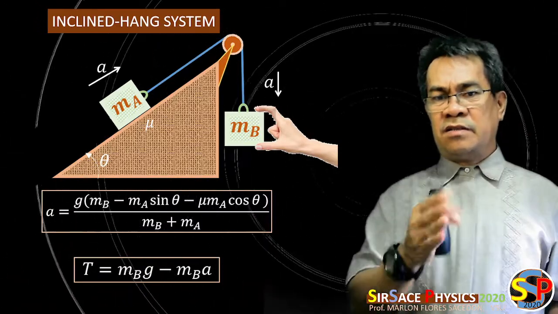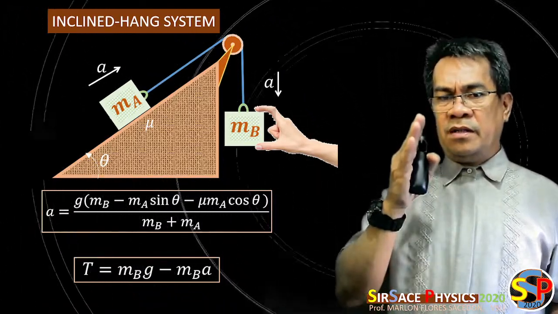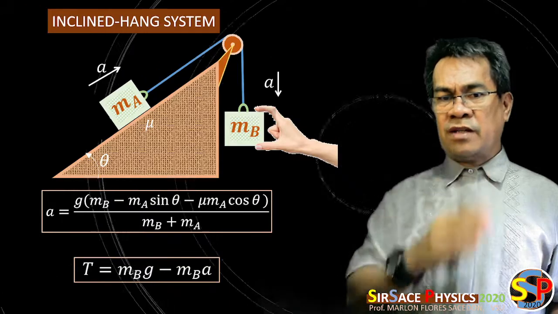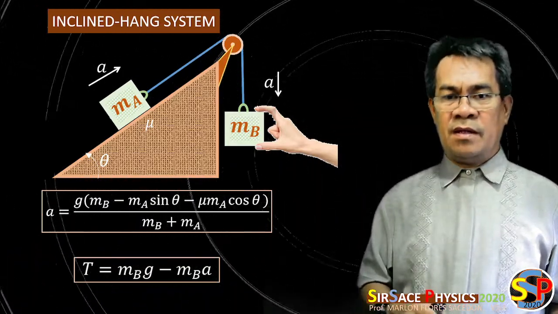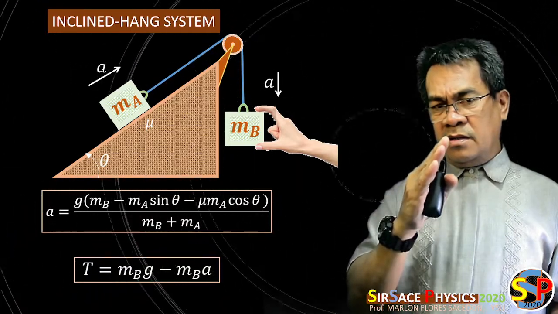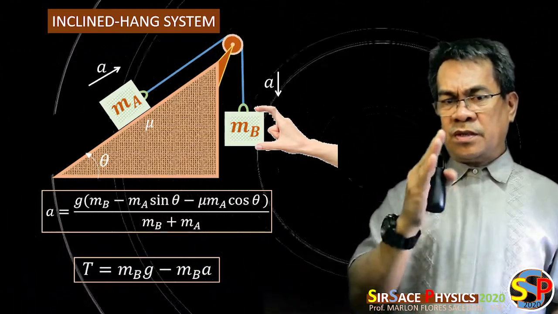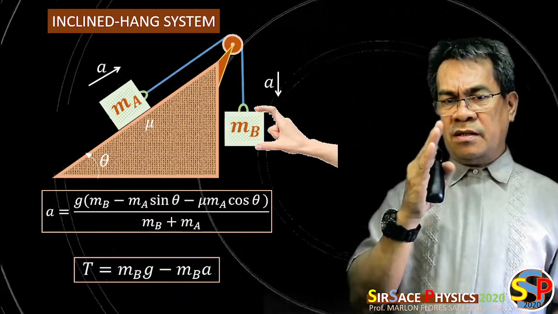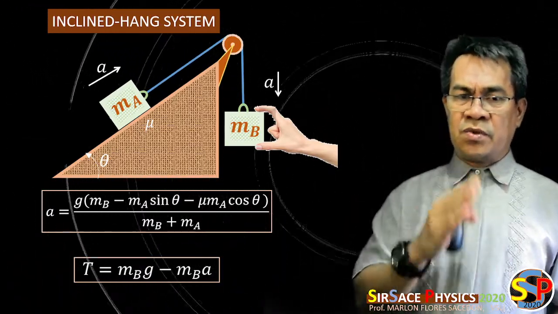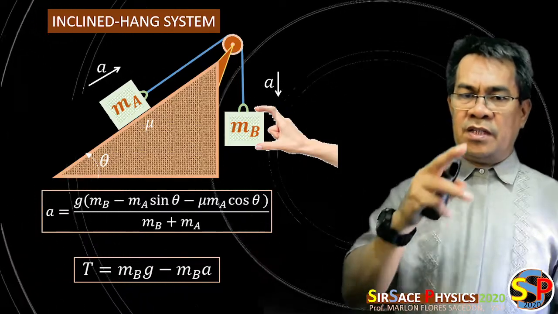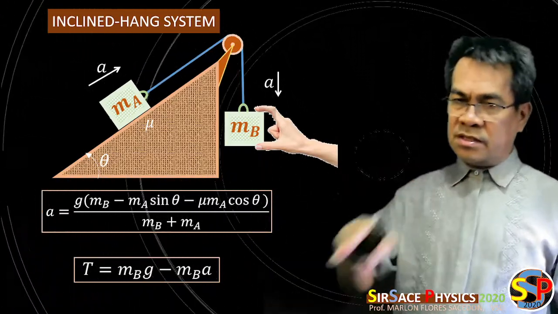And the third term, take note, is a frictional force: mu times the mass of A times the gravitational acceleration times the cosine of theta. It should be subtracted because it is downward.